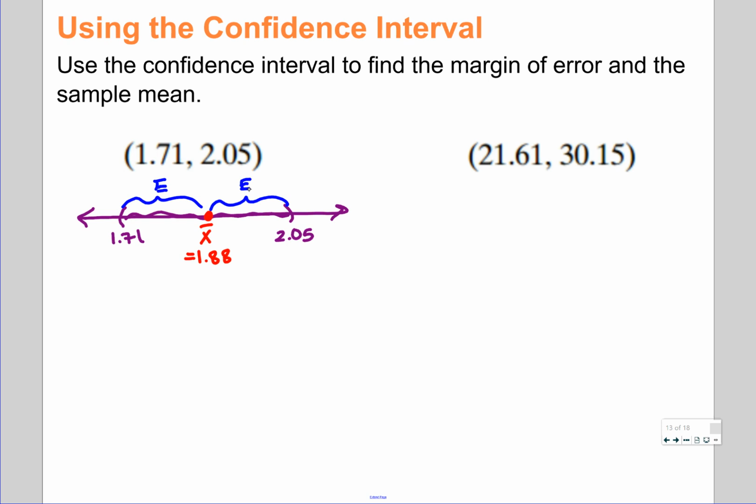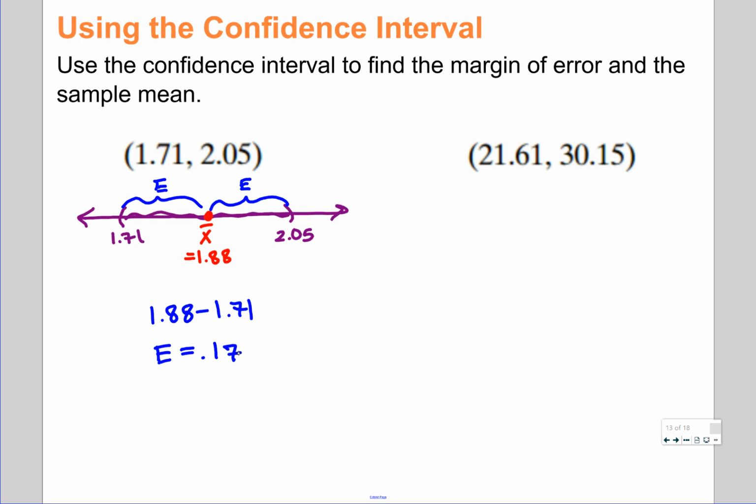Whichever one you do, it's going to give you the same answer. So I'm going to do 1.88 minus 1.71, and I'm going to get my margin of error is 0.17 for that.